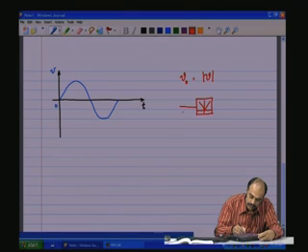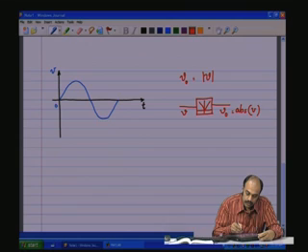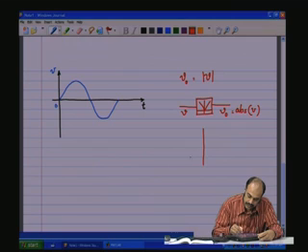You feed in V, you get V naught, which is equal to absolute value of V, which means, look at this particular effect.